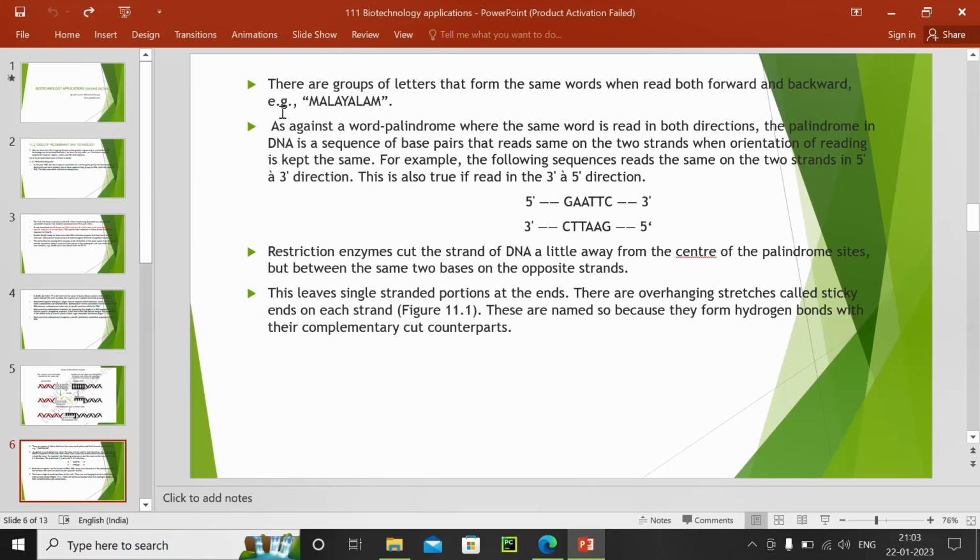So here we will take an example. There are groups of letters in which the same word, both forward and backward, gets repeated.